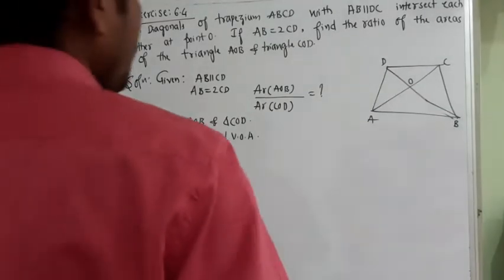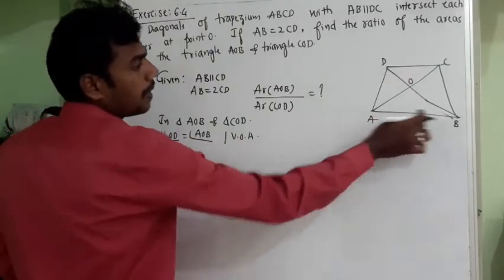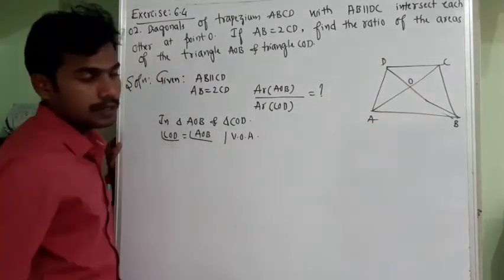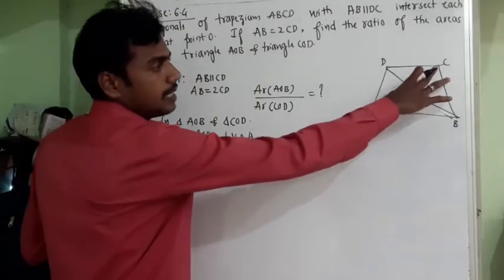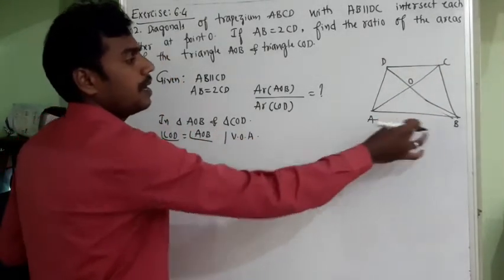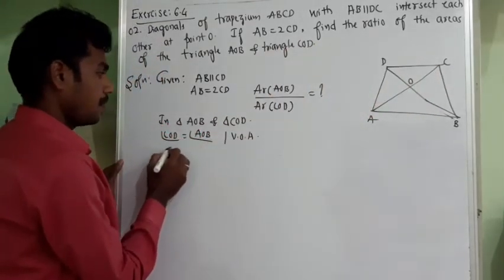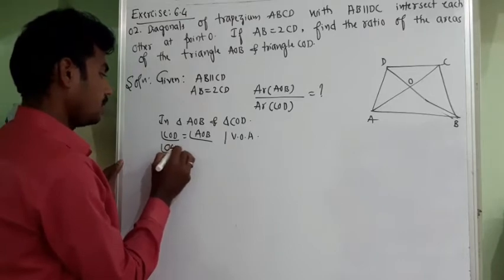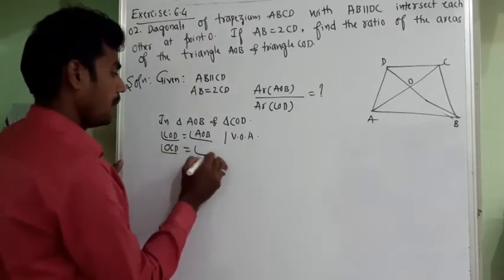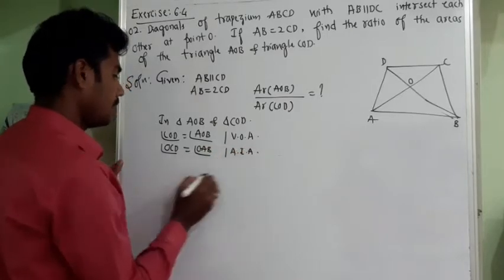Next, since AB is parallel to CD, angle OAB is equal to angle OCD because they are alternate interior angles. AC is the transversal and AB and CD are parallel. For that reason, OAB is equal to OCD. Or else OCD is equal to OAB. Alternate interior angles.